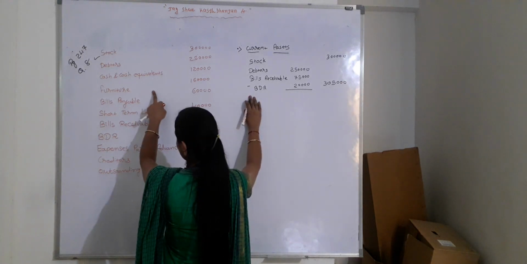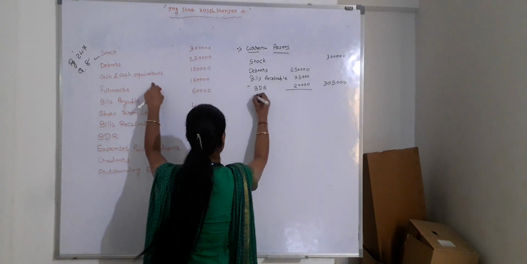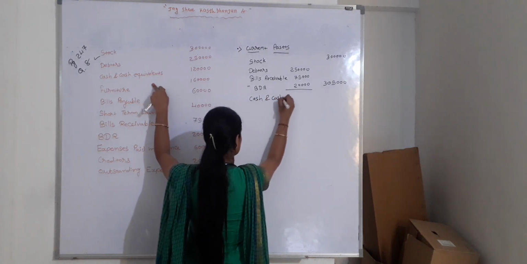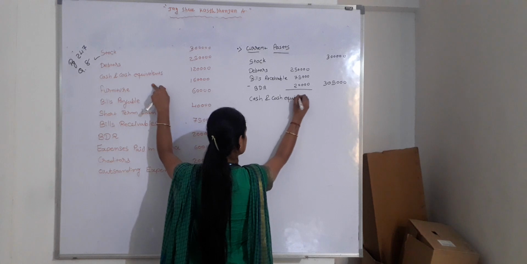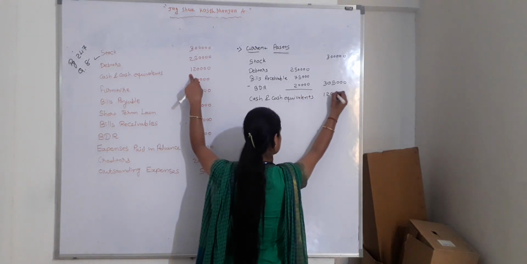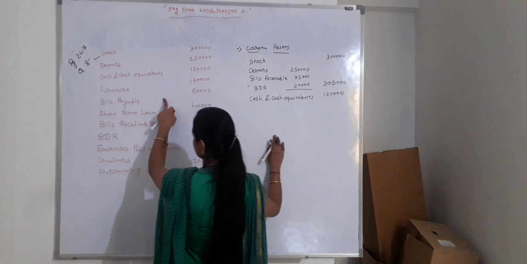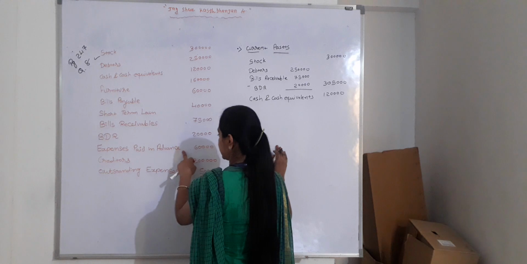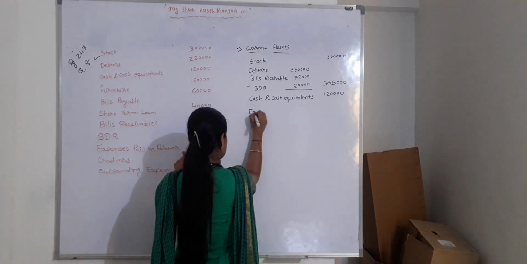Next, furniture, no, sorry, cash and cash equivalents. Cash and cash equivalents 1,20,000. Then furniture, no, bills payable, no. Expenses paid in advance.